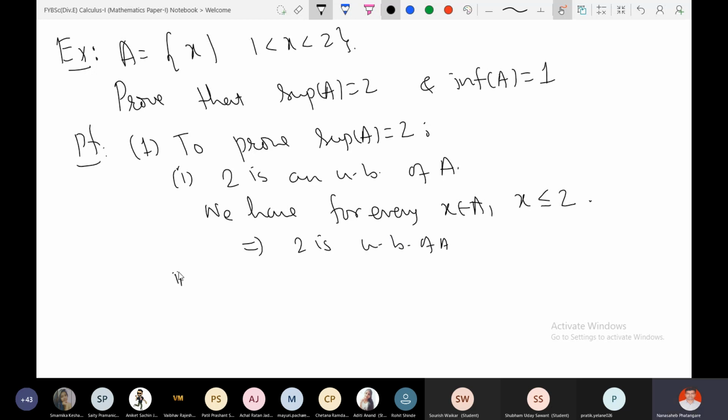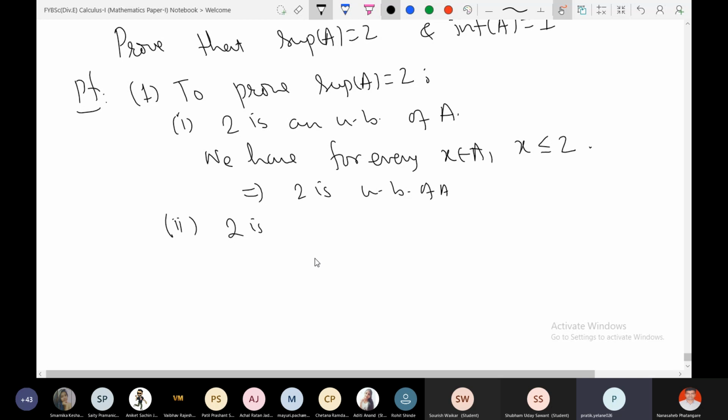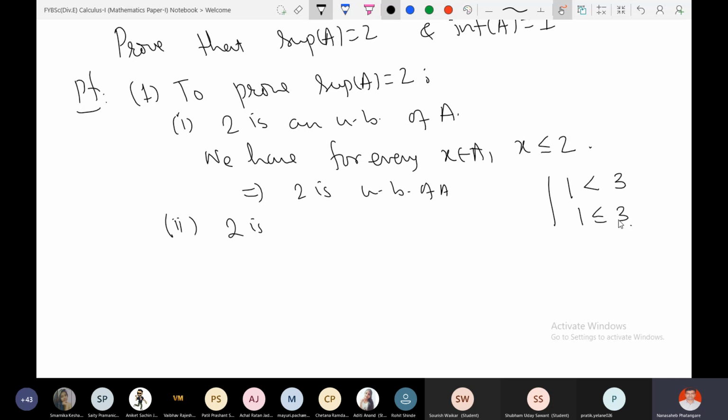Sir, x is strictly less than 2, isn't it? Yes, strictly less, and you wrote less than or equal to 2. So 1 is less than 3, and I can always write 1 is less than or equal to 3. No problem, because when I say less than or equal to, either less or equal, if one of them is true, then that is fine. Why am I writing less than or equal to?